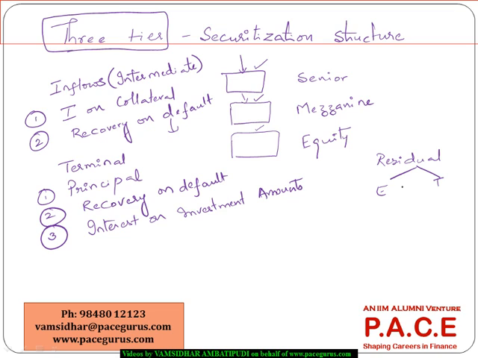Now, the residual is generally calculated as the cash inflow minus the interest payment to the senior tranche minus the interest payment to the mezzanine tranche. That is what we are calling the residual at the point T.